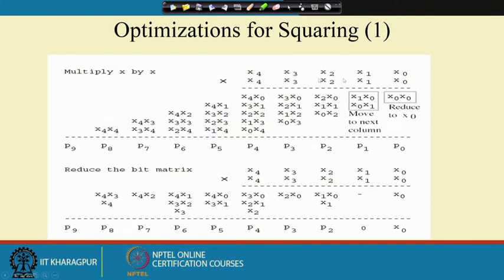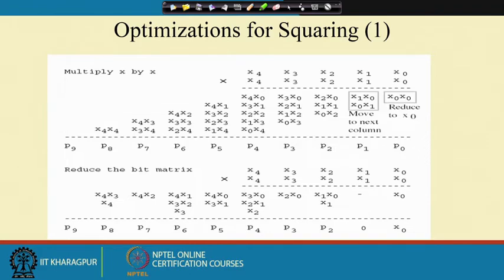So, in general, if I want to multiply x with x, where each is 5 bits, in this position this will be x 0 x 0, this will be x 0 x 1, and again for this particular case it will be x 0 x 1. So, x 0 x 0 means what? X 0 multiplied with x 0 is nothing but x 0.